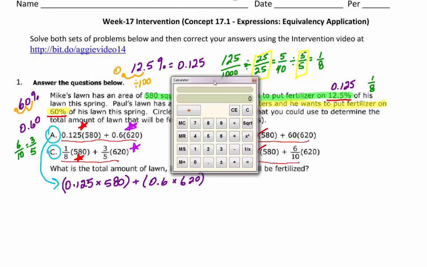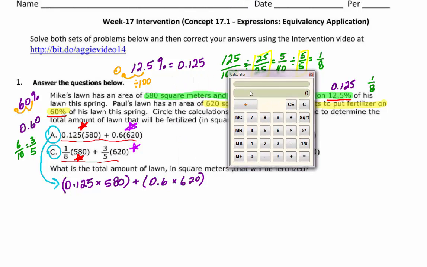Let me bring my calculator down here because we use real tools for real jobs. So 0.125 times 580 is equal to 72.5 plus, let's clear that out, 0.6 times 620 is 372.